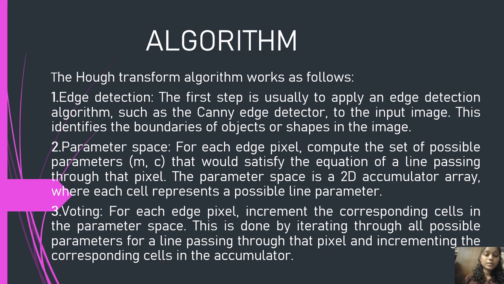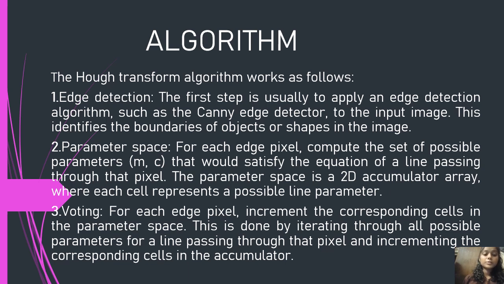Second is the parameter space. For each edge pixel, compute the set of possible parameters, that is m, c, that would satisfy the equation of a line passing through that pixel. The parameter space is a 2D accumulator array where each cell represents a possible line parameter.